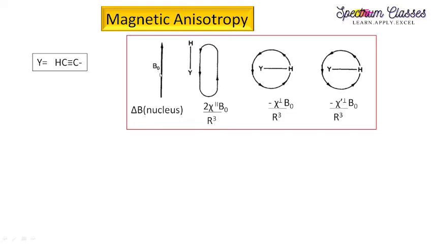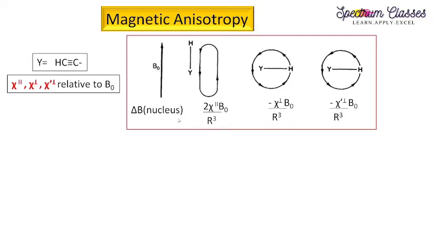One is parallel to B naught, the second is in the x direction, and the third is in the y direction. The x and y directions are both perpendicular to B naught, and the z direction is parallel to B naught. When parallel, it is represented by chi parallel; chi perpendicular if it is the x direction, and chi prime perpendicular if it is the y direction. These are arbitrarily chosen relative to B naught.